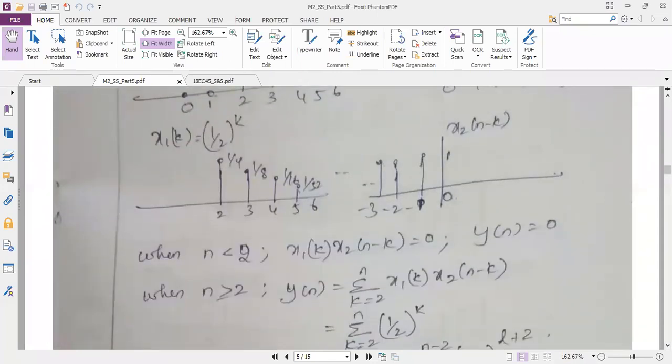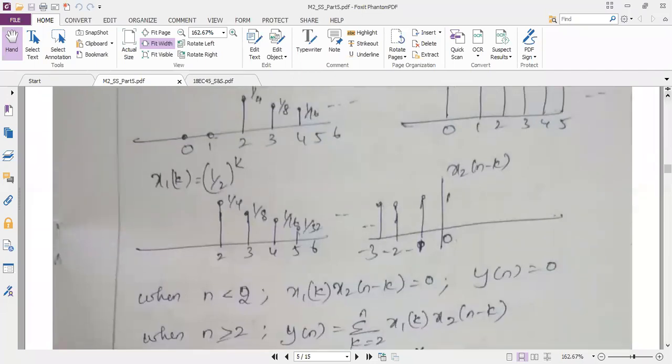Ambika, what is the next step, ma? When n is less than 2. See, we have drawn x1 of n and x2 of n, right?